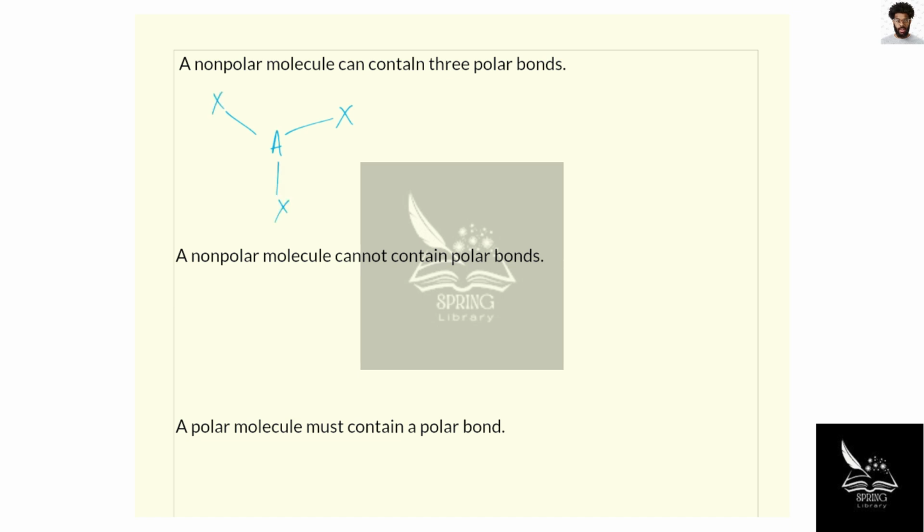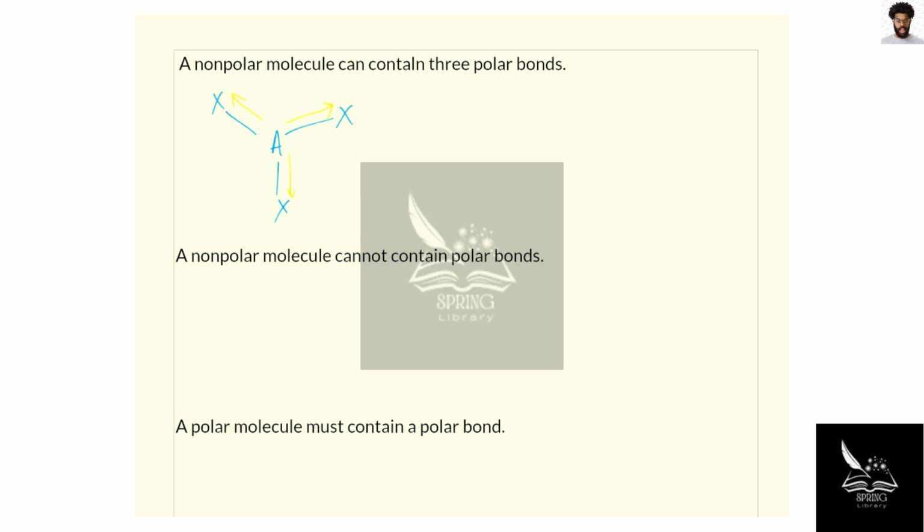X is our electronegative atom, meaning the bond density will be towards X. If there are 3 polar bonds, can the molecule be non-polar as a whole or not? You can see the polarity of the bond is towards this side, and this also towards the more electronegative side, and this also towards the more electronegative side.